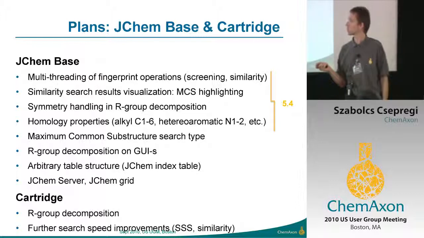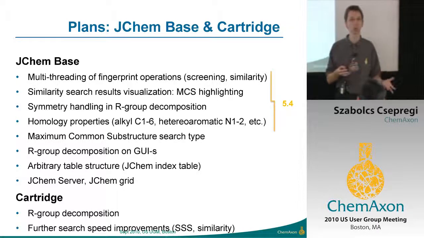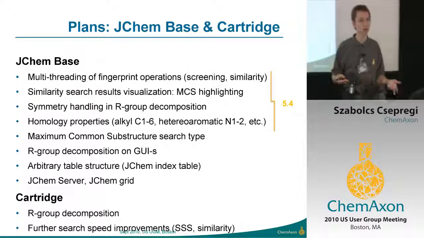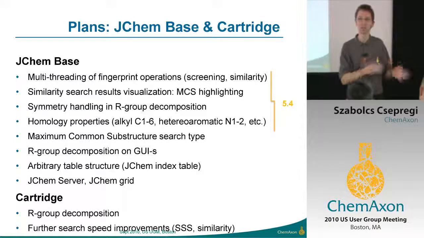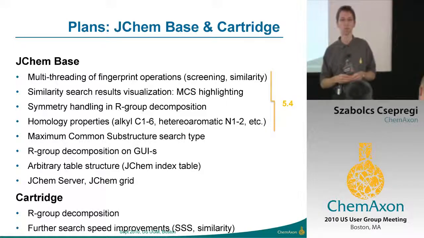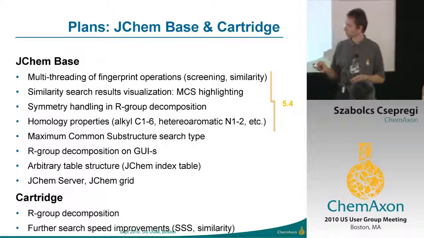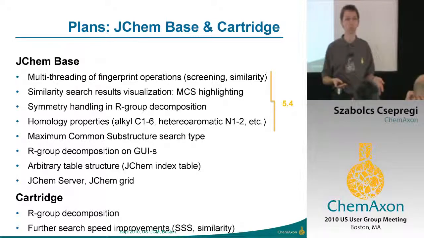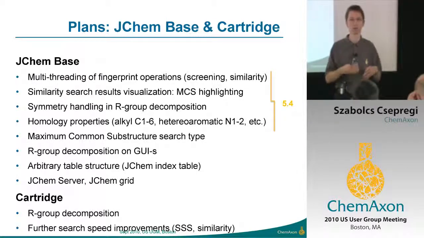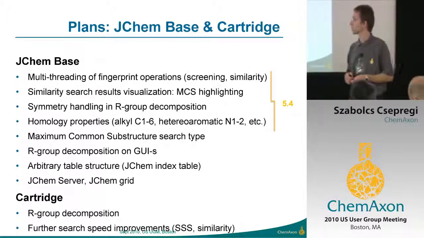And we are also planning to add some grid solution or computational cluster, so that many CPUs can be added to the JChem server. And this will be particularly useful for our Markush project, where the structures are really complex and searching can take some time.